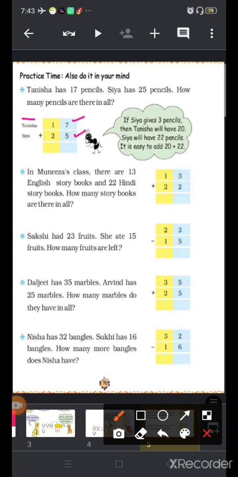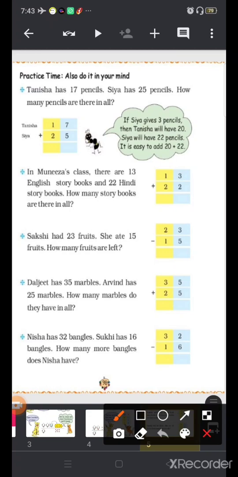How many pencils are there in all? What is the meaning of in all? It means this is a question of addition. If in all is written, this question is a question of addition. So we'll add these. Let's add.